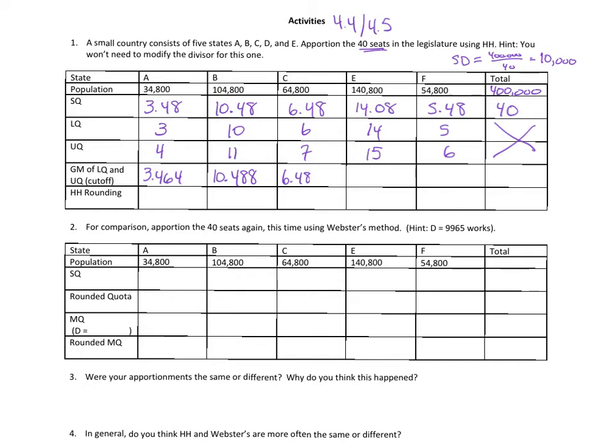The geometric mean is actually 6.48074, which makes it a little bit bigger than 6.48. So you need just enough decimals to be able to compare it to the standard quota. So for this one, I did 10.488 so that I could tell that this decimal is bigger than this decimal, which is 10.480.